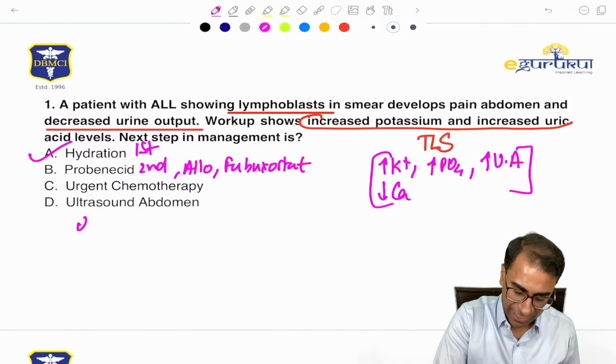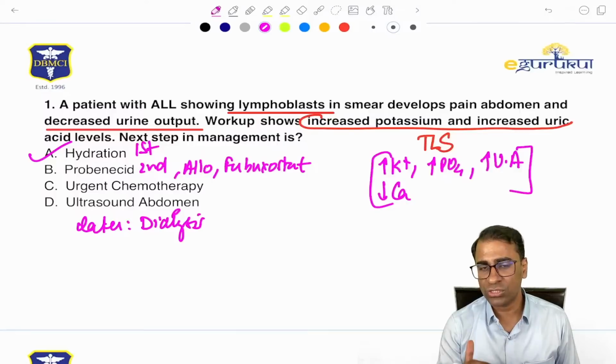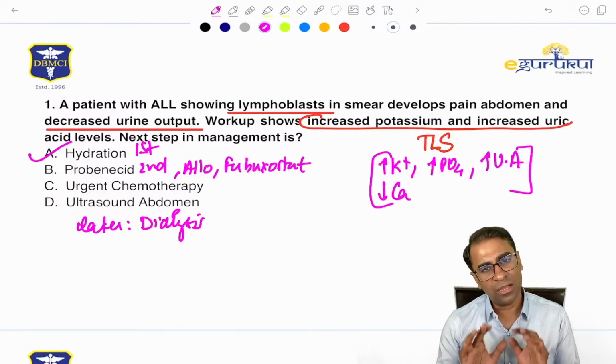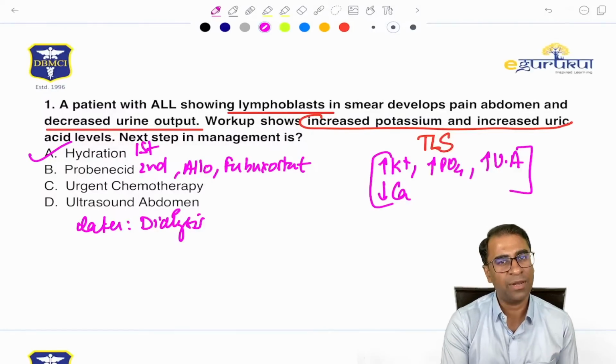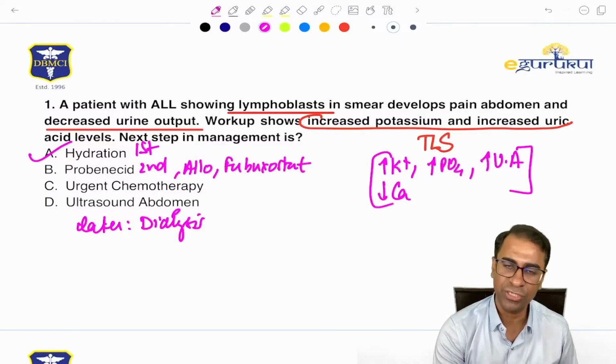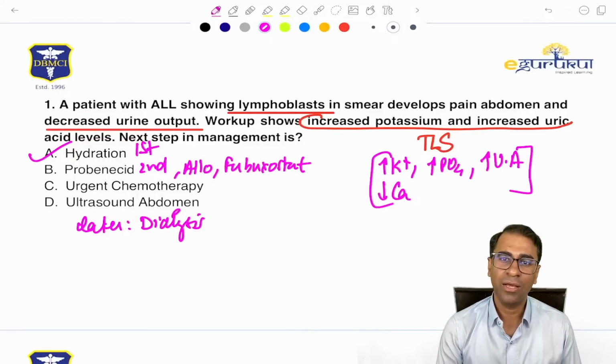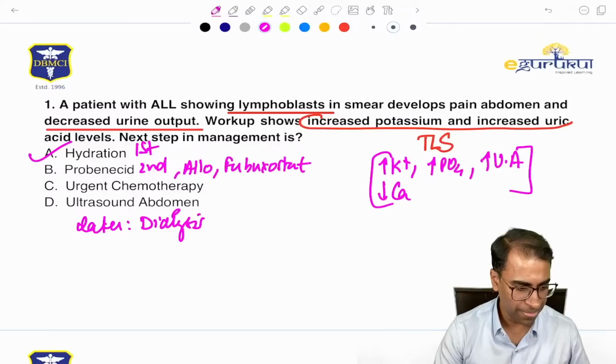If nothing is working, ultimately you can give dialysis therapy. And just remember, when you give hydration, a forced alkaline diet is not required. Normal saline can be given, as mentioned in Harrison's, that typical IV hydration is sufficient. You don't need to give bicarbonate as you do in the treatment of hyperuricemia. Okay?